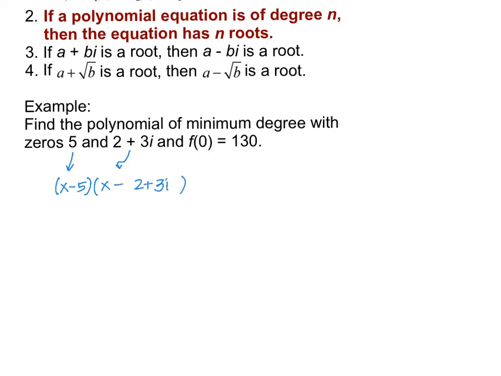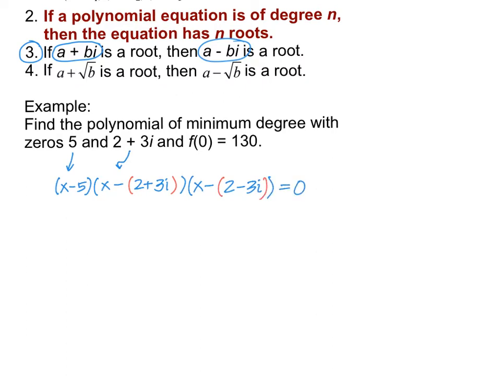However, it's very important that you put 2 plus 3i in parentheses, because that is a two-term expression that needs to stay together. Okay, now, if you look at number 3 above, it says if a plus bi is a root, then a minus bi will also be a root. So this tells us that we also must have x minus (2 minus 3i) as a factor.